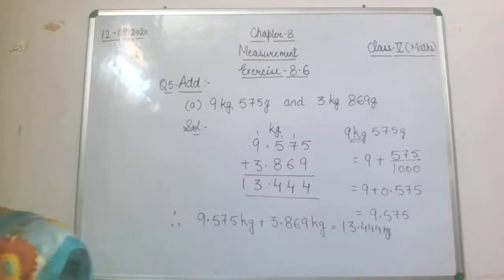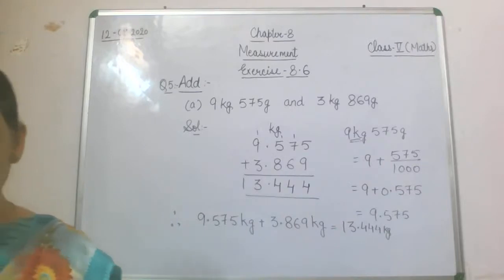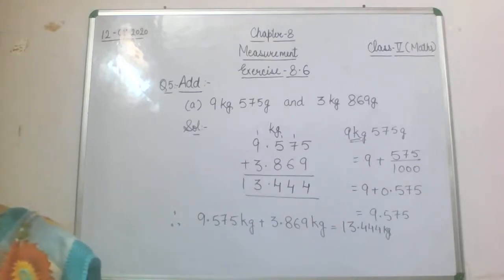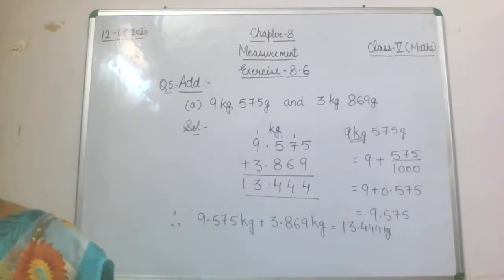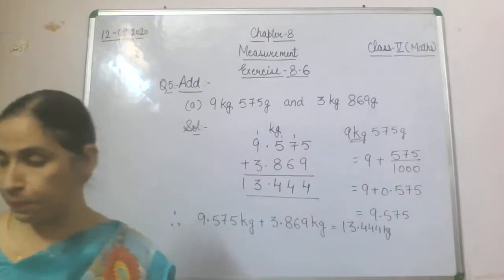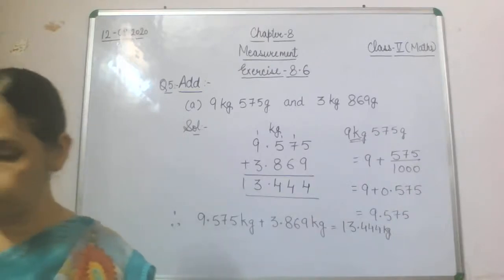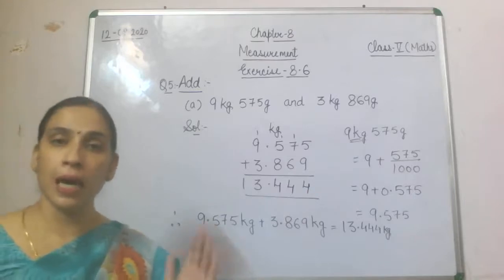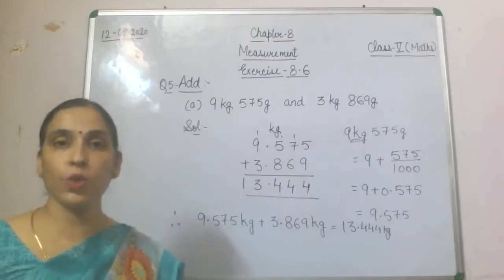In this question you have been given 2 weights and you are supposed to add them. For adding the 2 weights, first of all you will convert into kg and then you will add the given 2 weights.